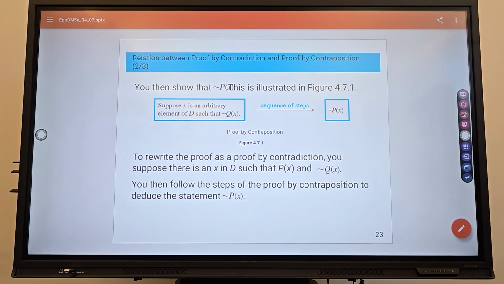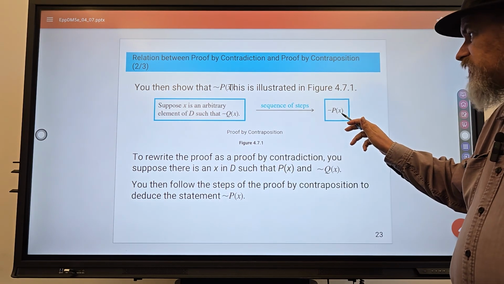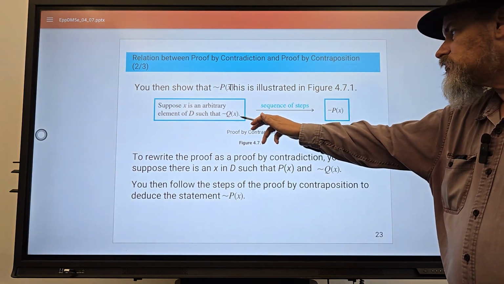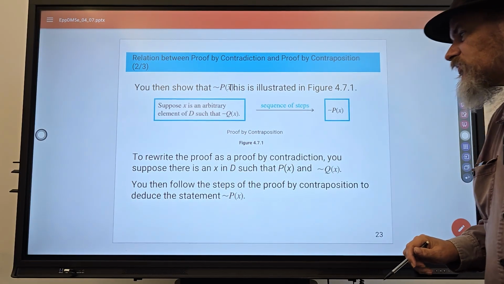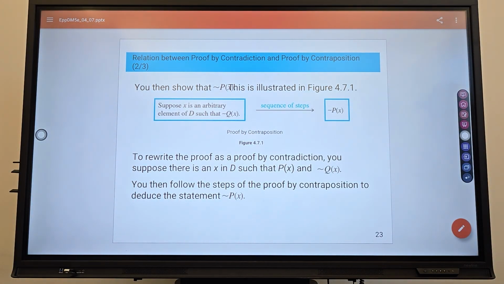So you show not P of x from not Q of x. To rewrite this proof as a proof by contradiction, you can suppose that there is an x in D such that P of x is true and Q of x is false.